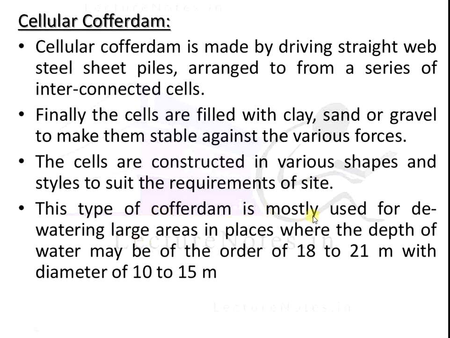This type of cofferdam is mostly used for dewatering large areas in places where the depth of water may be of the order of 18 to 21 meters, with a diameter of 10 to 15 meters. We use this type where the depth of water is more, and it is used for dewatering large areas.